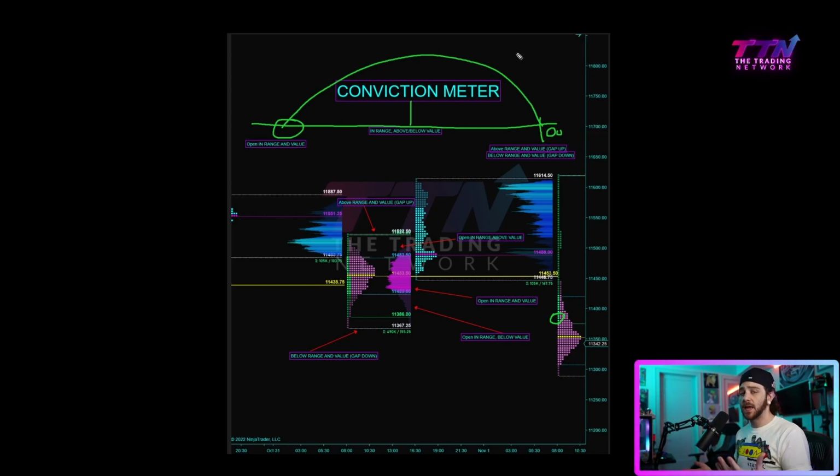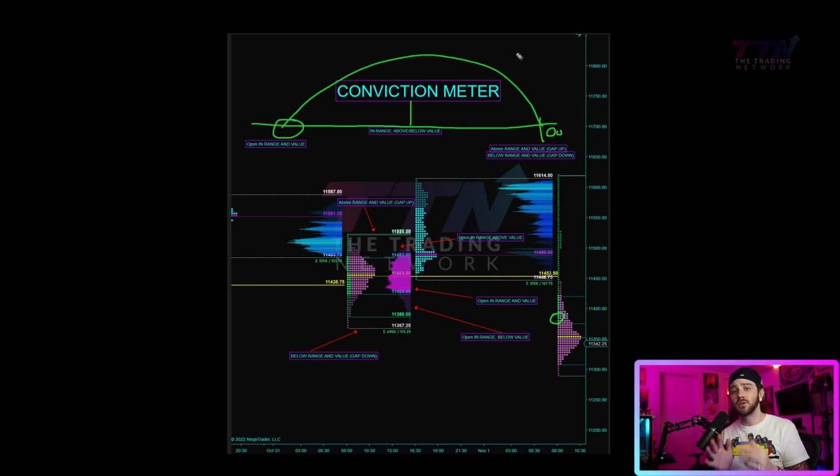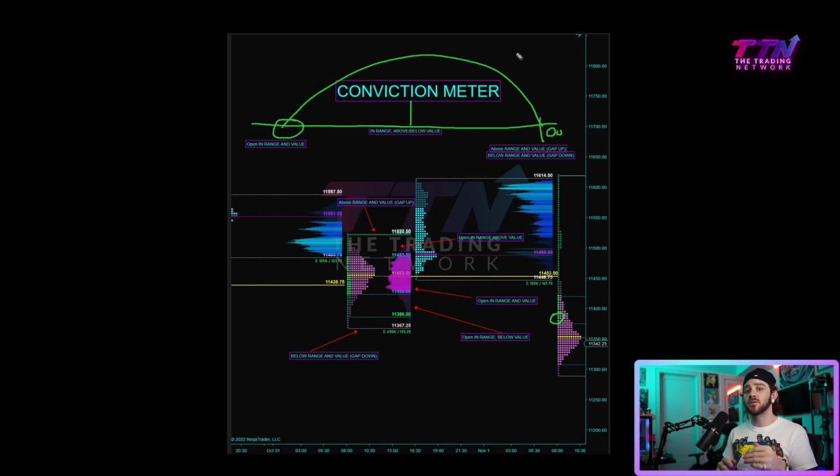It gives you a plan or a map for every single day. It gives you probability on one side or the other, ranging versus trending. We have ideas, we have context for the market, which makes it that much easier to execute our trades and check our technical boxes if we have an idea of who is in control or if there is any control and how we can use that to our advantage.